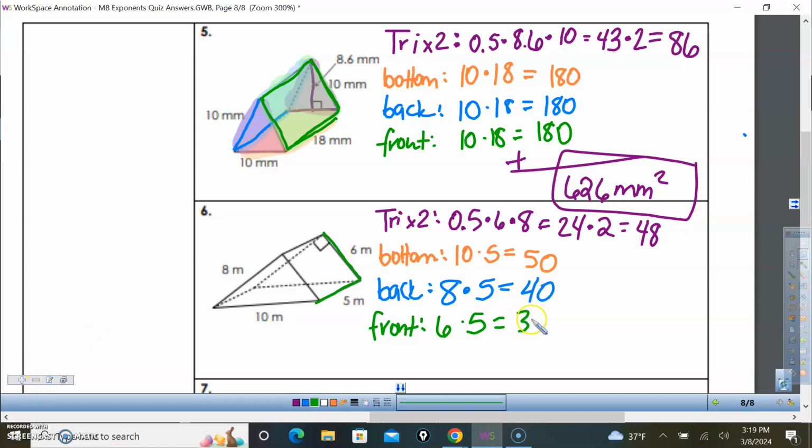And when I multiply, I get 30. And so for my total surface area, I will simply add those all together. I'm getting 168. And then meters squared because I'm dealing with surface area.